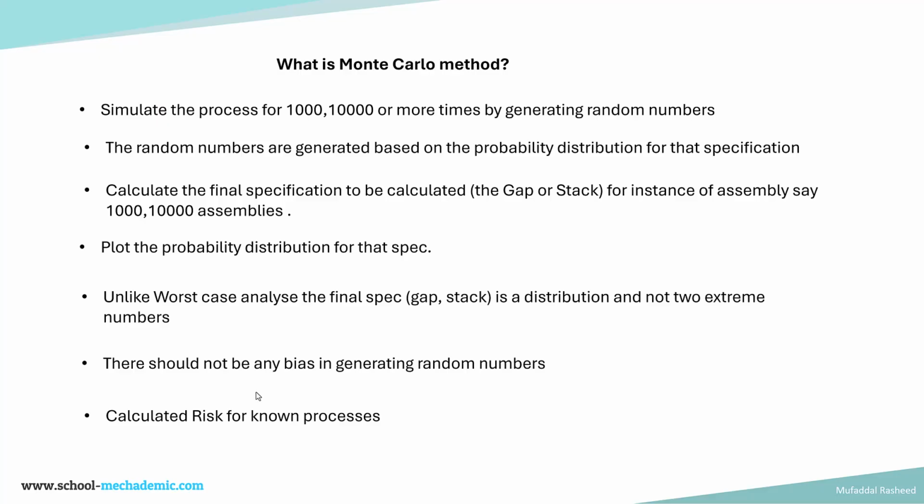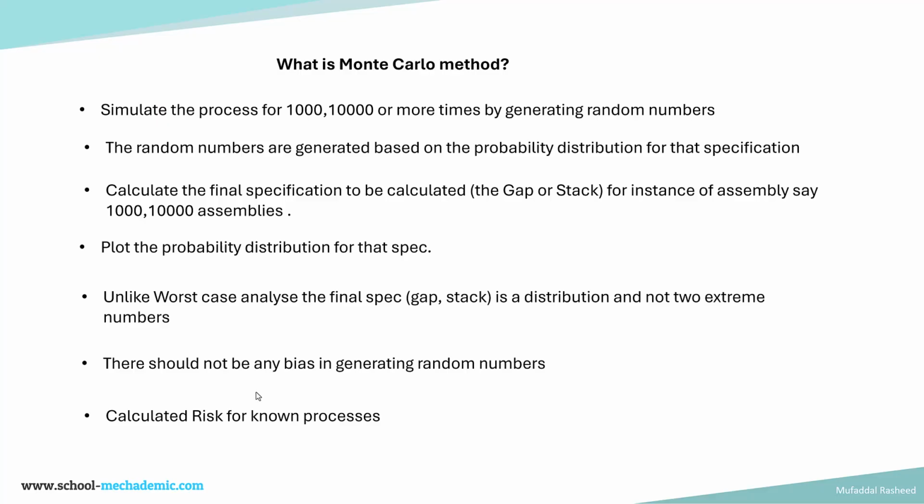Hence, we need to understand the process thoroughly to use the Monte Carlo method in an effective way. If we don't understand the process, if we do not have a proper distribution of the process, and if it is biased, then we cannot use the Monte Carlo method without issues. Or else we have to resort to the worst case analysis, which is a more conservative approach.